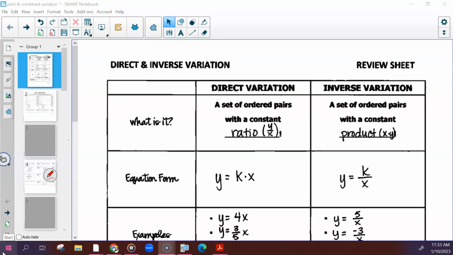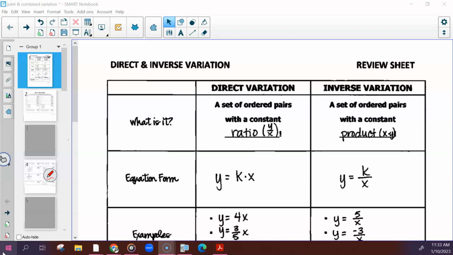And talk about joint and combined variation, which is the last type of variation we need to talk about. So everyone should have these notes in front of them. You can probably guess as to what joint and combined variation might entail.